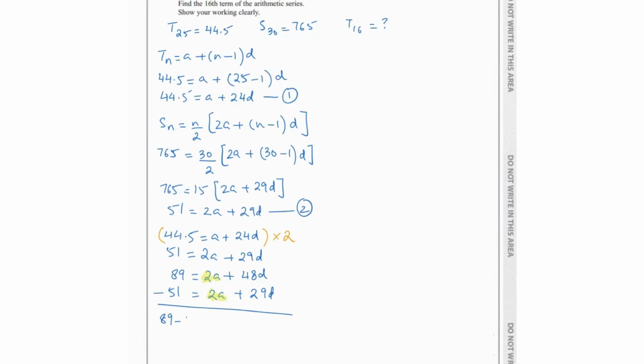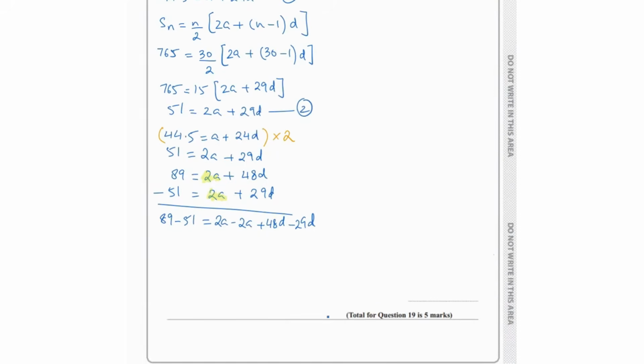So 89 minus 51 equals 2a minus 2a plus 48d minus 29d. So 89 minus 51 is 38. 48 minus 29 is 19. So 38 divided by 19, and that's 2. That is your common difference.